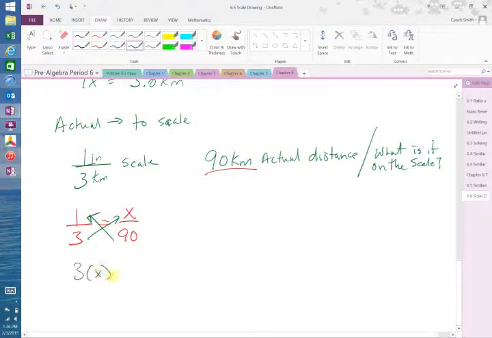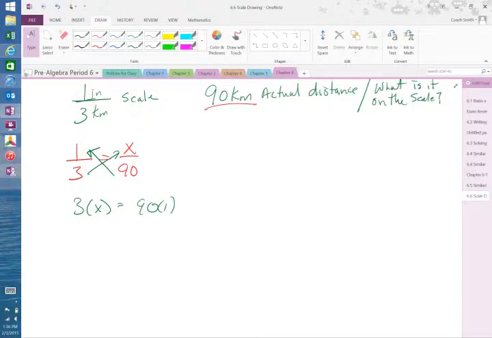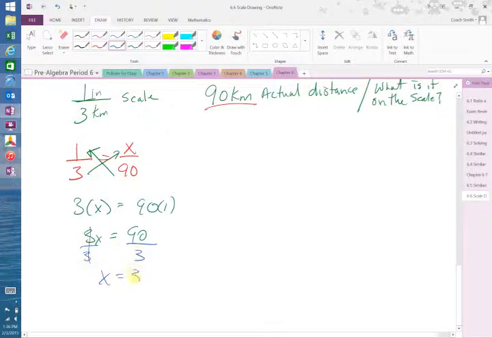Okay? So same thing we've been talking about for about 3 weeks now, just cross multiply. 3 times x, and that's equal to 90 times 1. 3x would be what? 3x. 90 times 1? 90. Go 3 into both of them, means x is equal to 30, so it's 30 inches on the map.